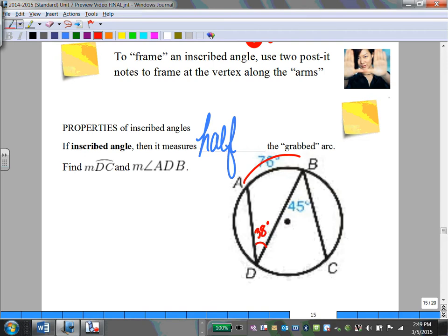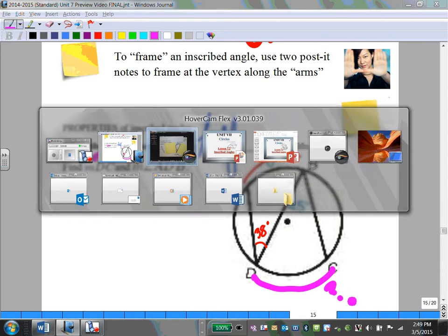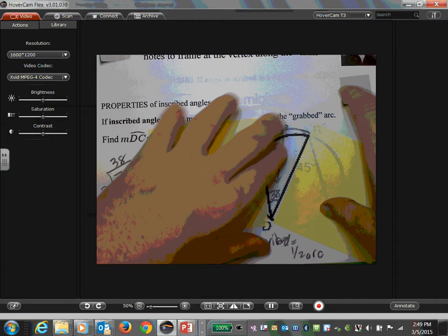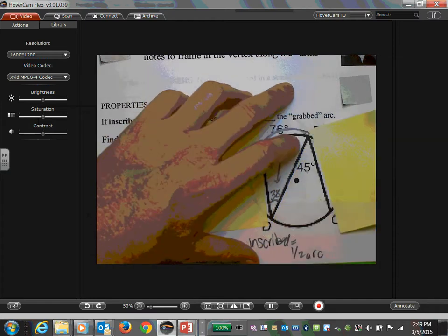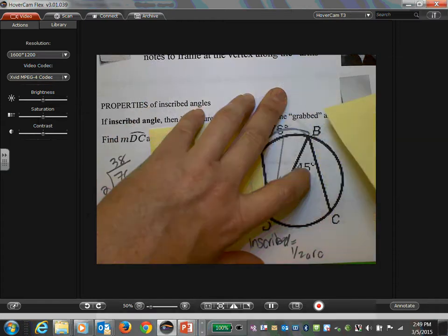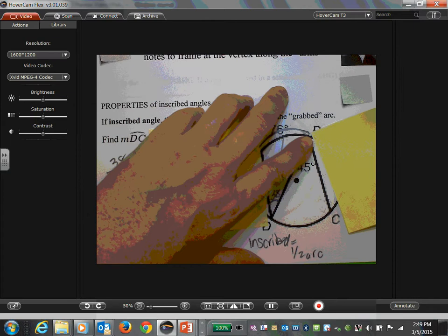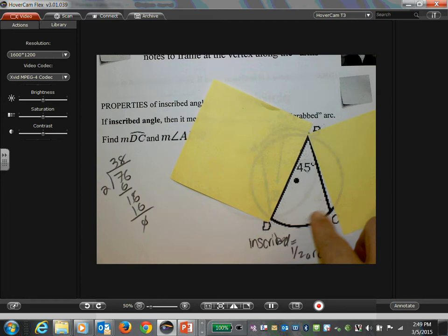Okay, now we're going to switch. We're given, we want to find DB. So sweep DB. Put a question mark there. And now we're going to frame the angle that it's grabbing. So let's move your post-its this way to CBD. And why? Because we want to find this arc right there, arc DC.